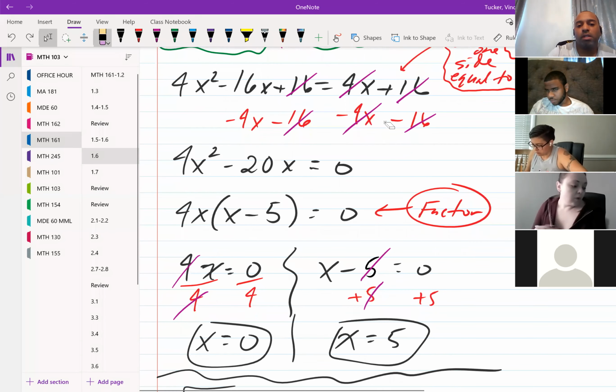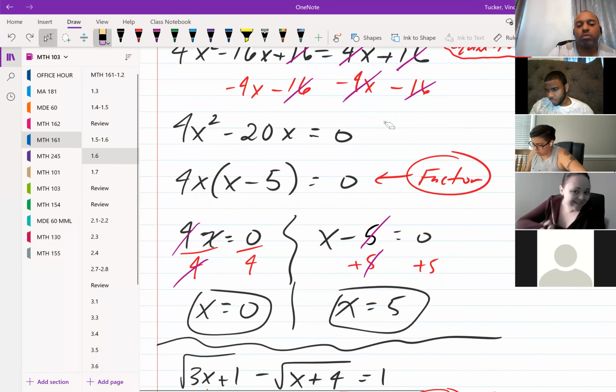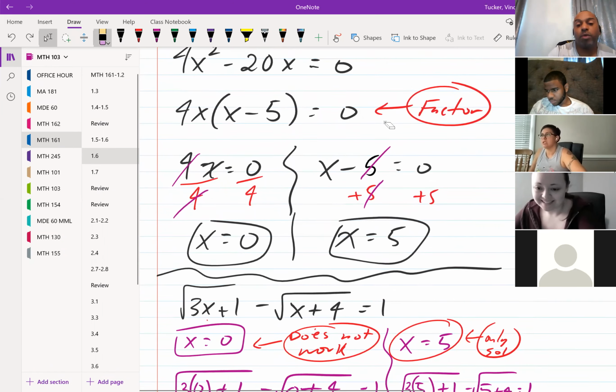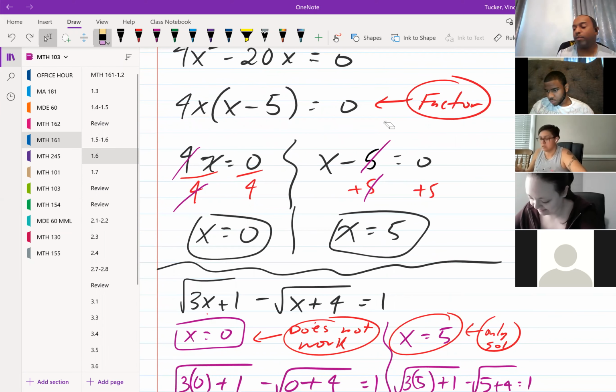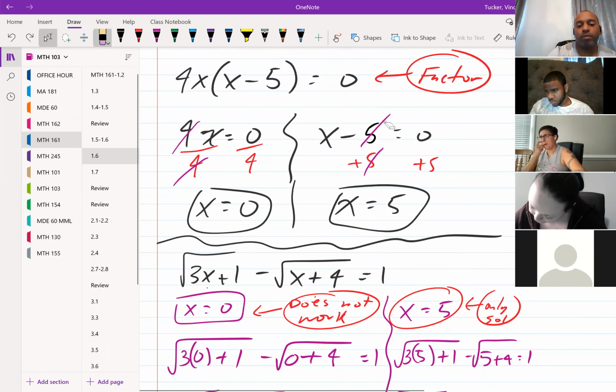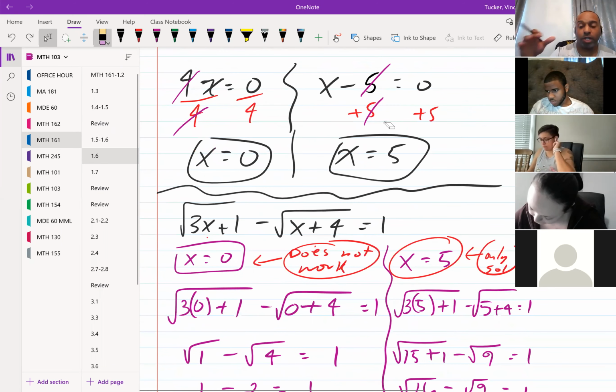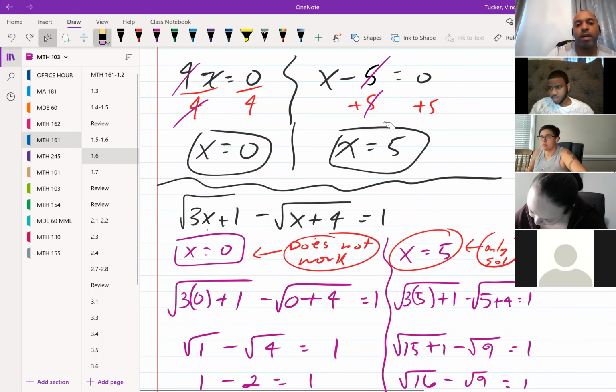So we need to check both of them just to be sure. Once again, this happens when you have an even power that you have to raise to both sides. One of your solutions more than likely will not work because of the manipulating of the problem in that way.